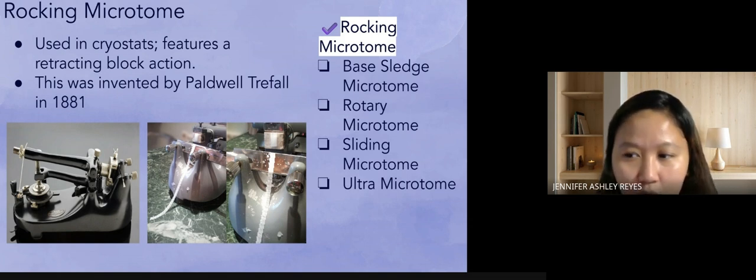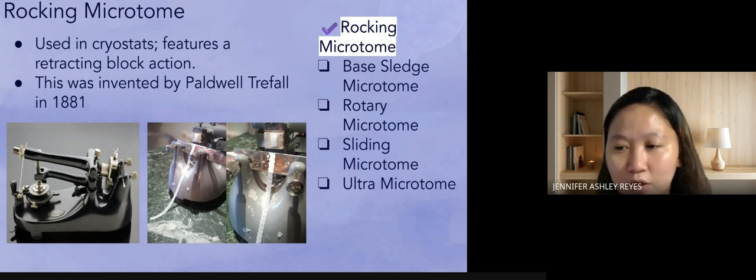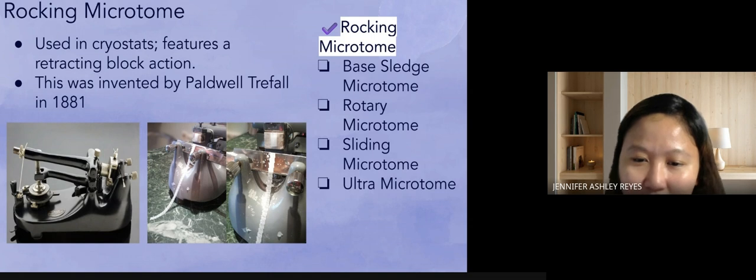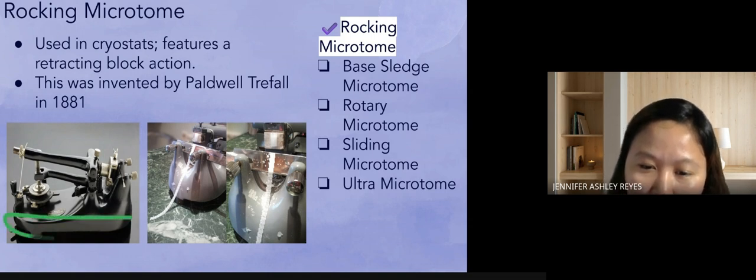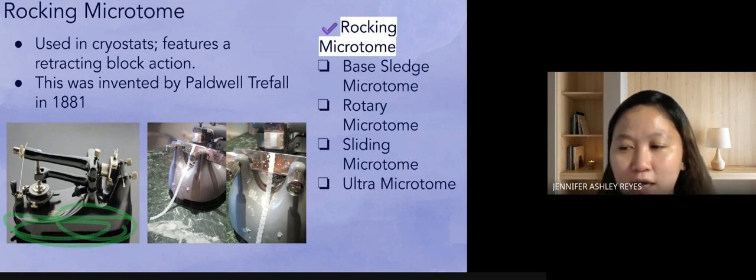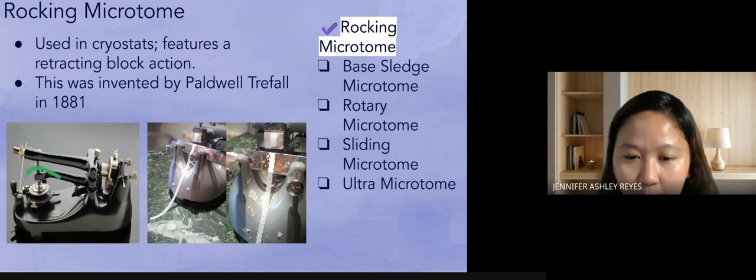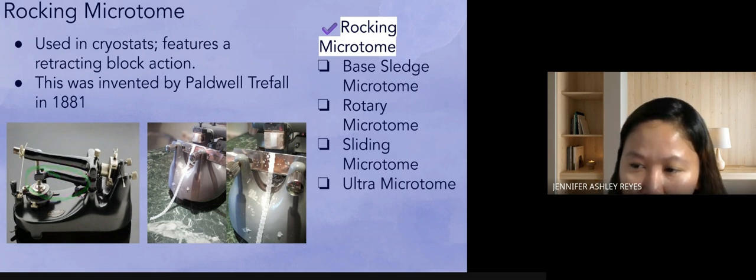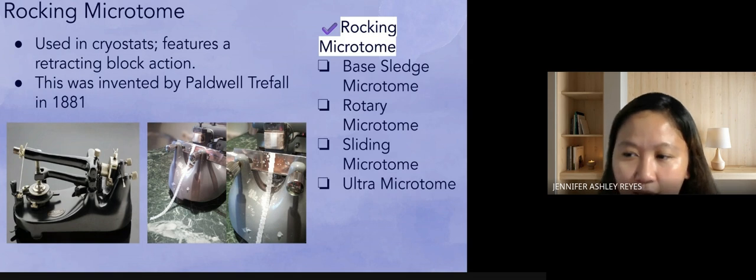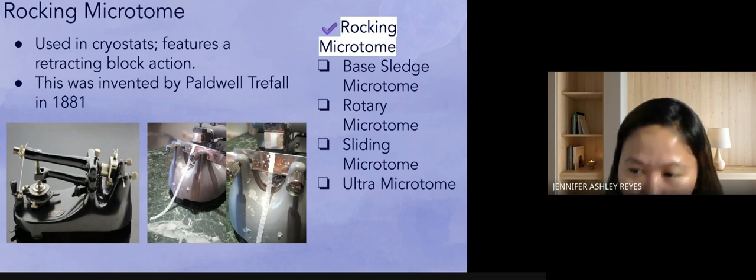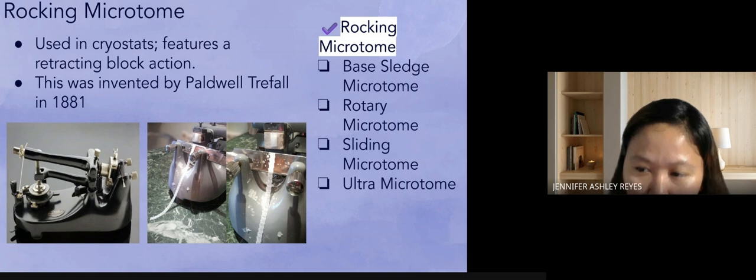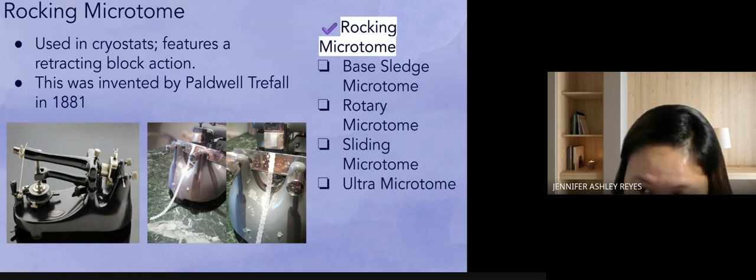It's simple to operate. It's the simplest among the different types of microtome. It consists of a heavy base and two arms. Yung lower arm is resting in pivots and merong support column and that's attached to a microtome screw of the base.